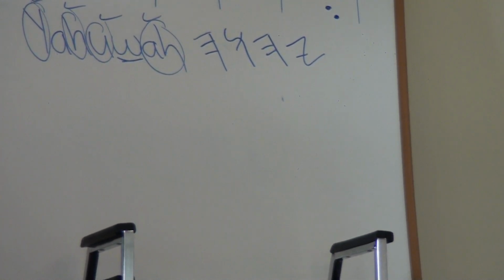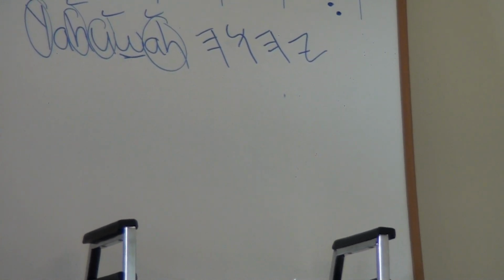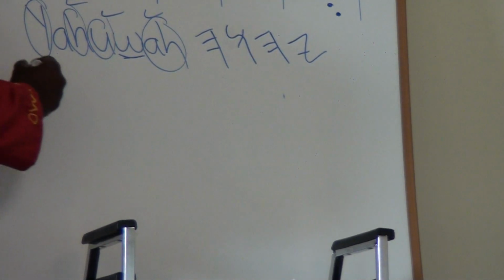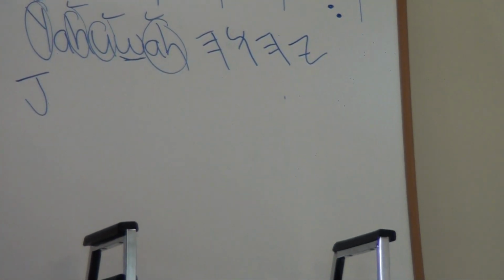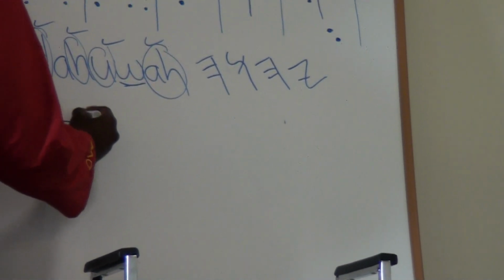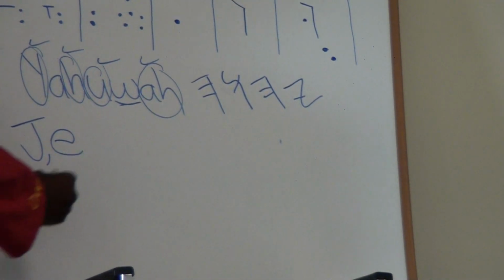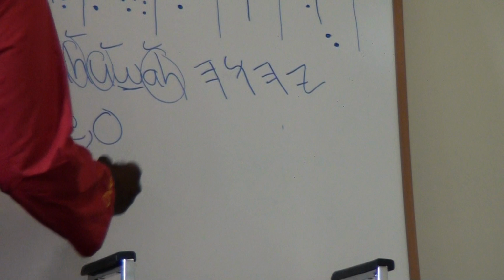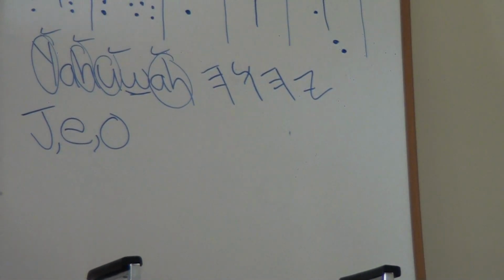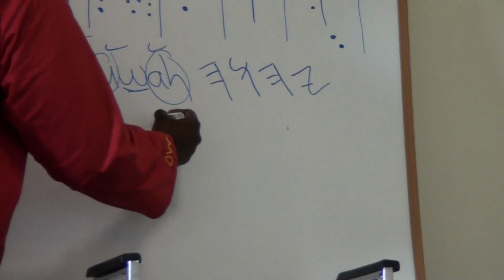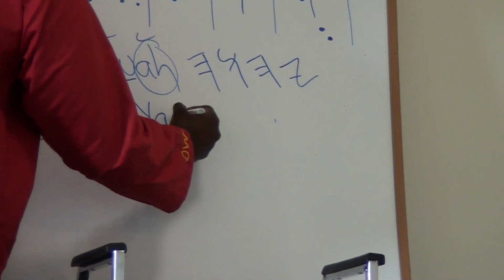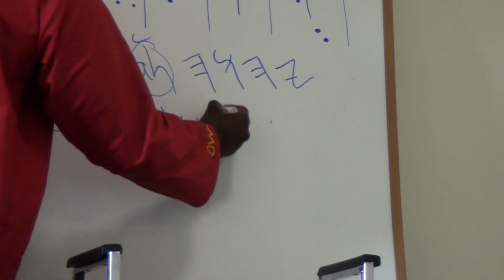So if we can keep the basic principles where the letter J is new to the alphabet, the letter E is new to the alphabet, the letter O is new to the alphabet. So there was nobody during the time of Moshe saying Yahweh.